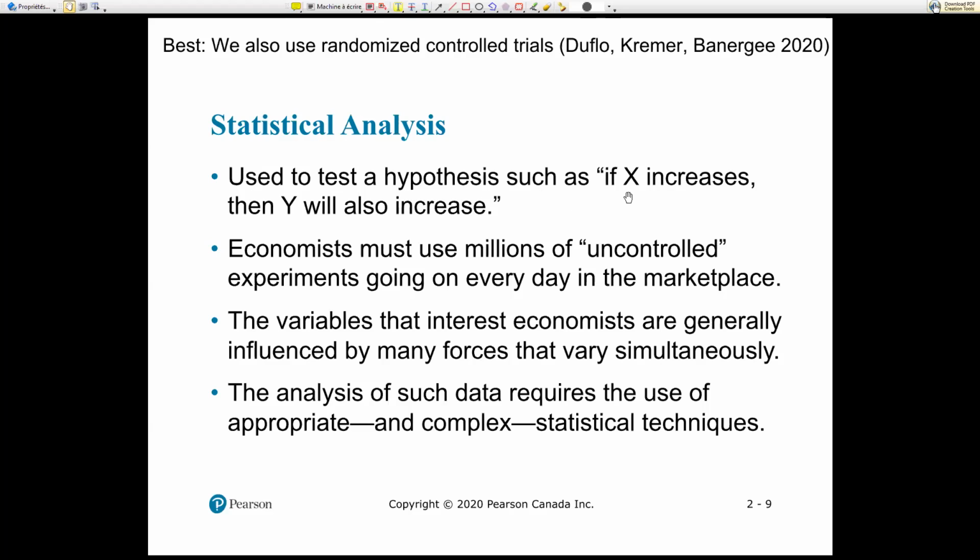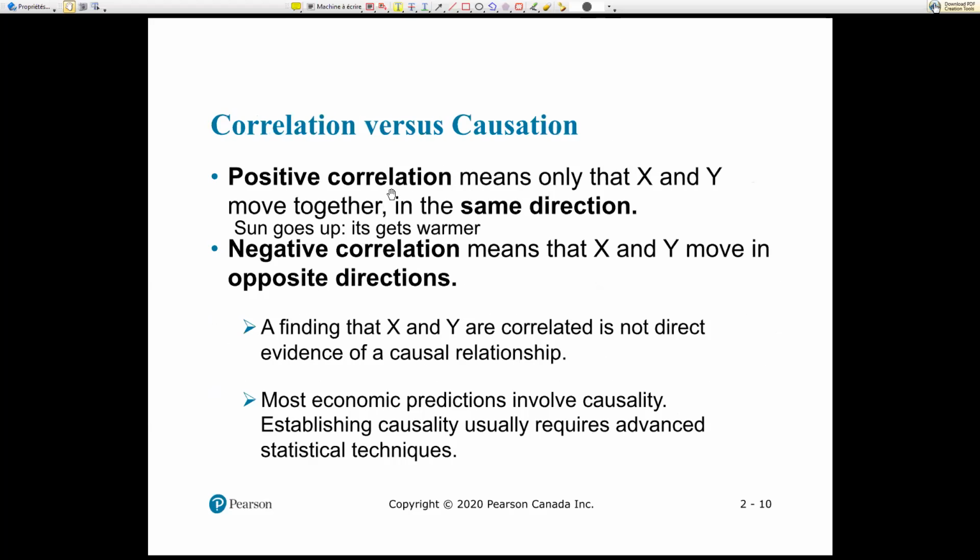So x is sunlight and y is temperature, or x is age and y is height, for instance. And of course, correlation versus causation. As we've said, one does not imply the other. Two things could look correlated, but you don't know whether x causes y, y causes x, or some other variable causes the two others, or whether that's just fortuitous.